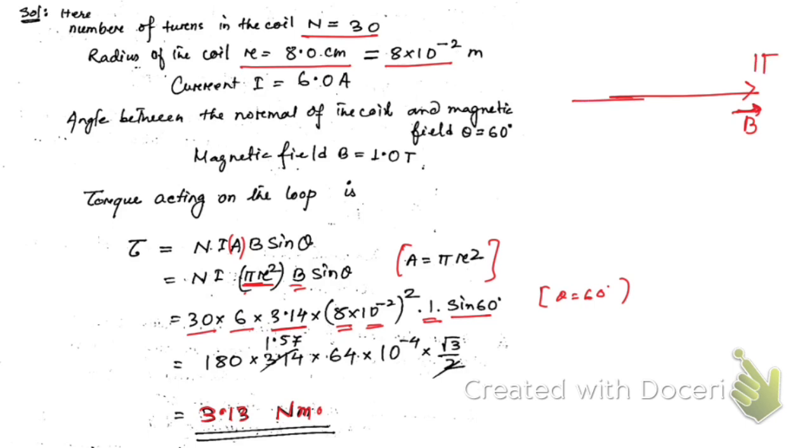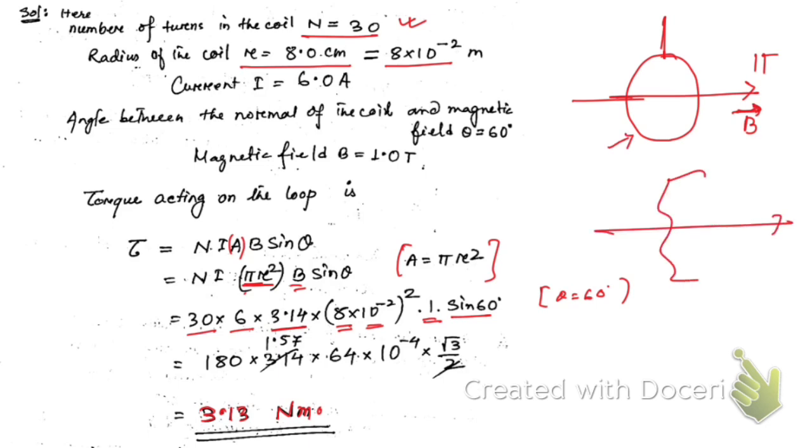In the first case, when you solved this problem, the coil was circular. Now if you replace this coil by any other coil with irregular shape, a planar coil.